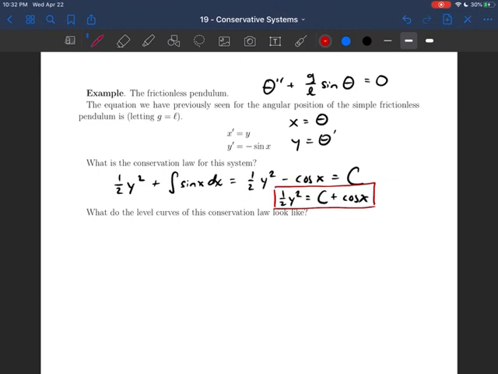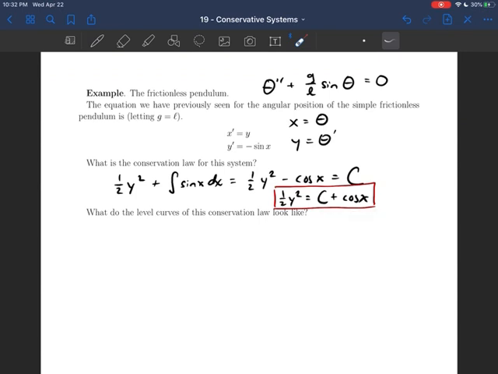Or we could write it as 1/2 y squared equals c plus cosine x. It makes no difference, right? So this is the conservation law for this system. If we can figure out what level curves of this look like, we'll have a picture of the phase plane. So let's give it a go.